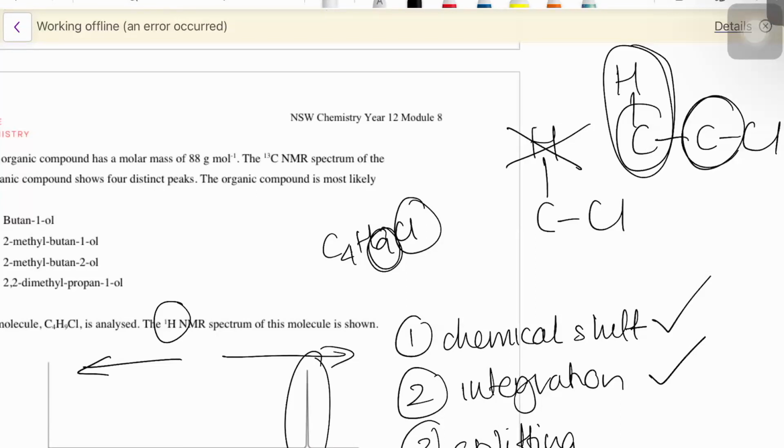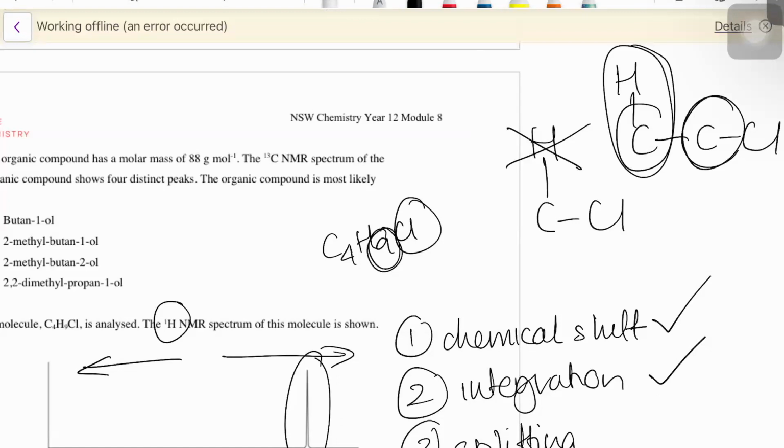So if my signal shows no splitting, what that means is the carbon that my 9 hydrogens are attached to has no hydrogens attached to it. Okay, so to reiterate, I'll slow down on that. Splitting is created by neighboring hydrogens.